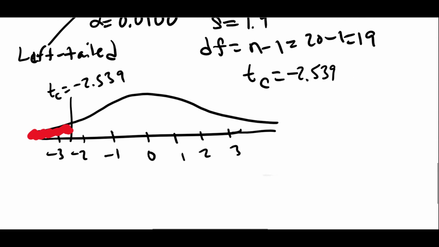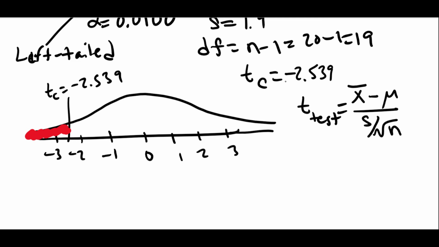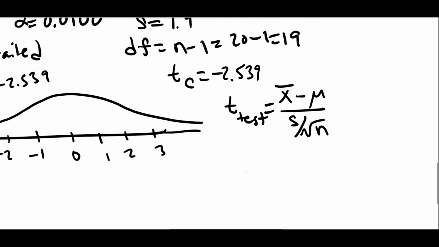Next, we have to calculate our t-test. Remember that our test statistic is calculated very similarly to the z: x bar minus mu, divided by s over the square root of n. Instead of using sigma, we use s here, because we don't know what sigma is.